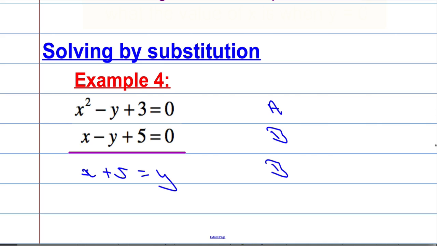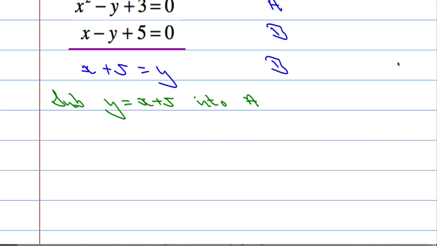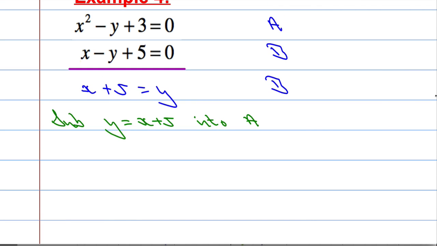And now what we're going to do is sub y equal to x plus 5, which is equation B, into A. Okie doke.